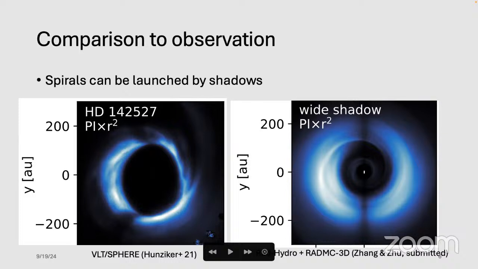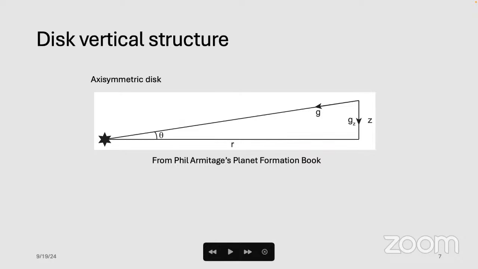But what I have been talking about is mainly focusing on the midplane or the R-phi plane of the disk. Because I use a 3D radiation hydro simulation, we would also like to see what happened in the vertical direction. And this actually comes to a very basic graduate student problem.